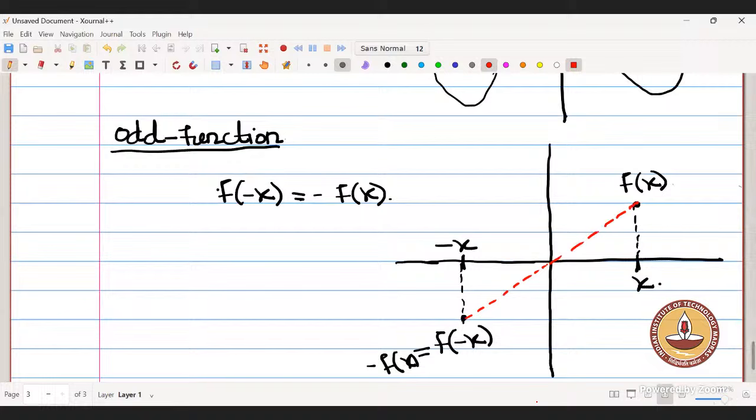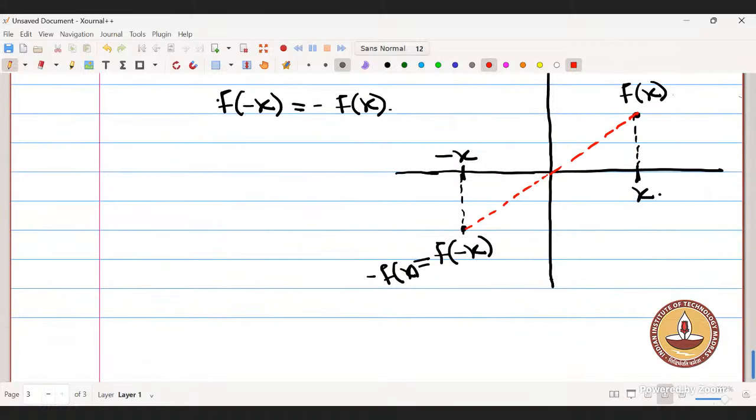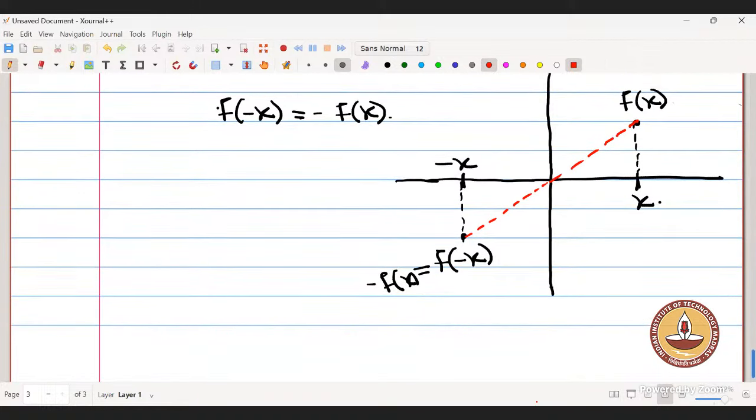Right. So any examples? Like the sine function is an example. If I consider f of x equal to sine x, then if you draw the graph, if you know the graph of cos x, then you can easily draw the graph of sine x. So this is an example of an odd function. Apart from sine x, any other? x cube, correct. x cube is an odd function.